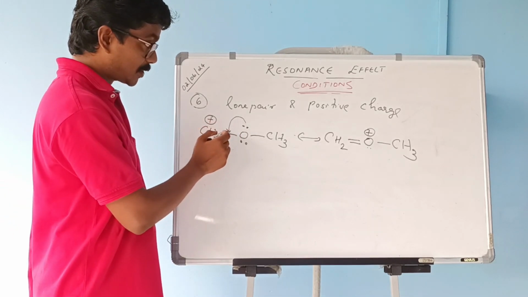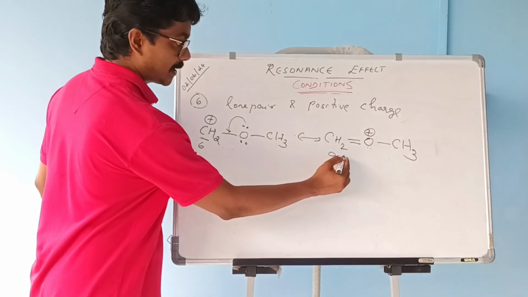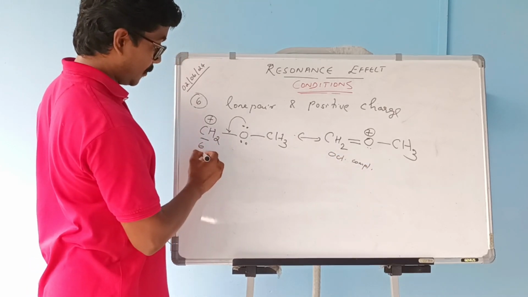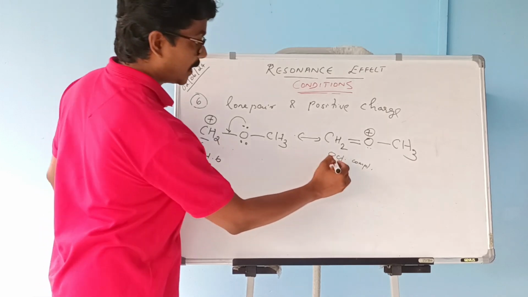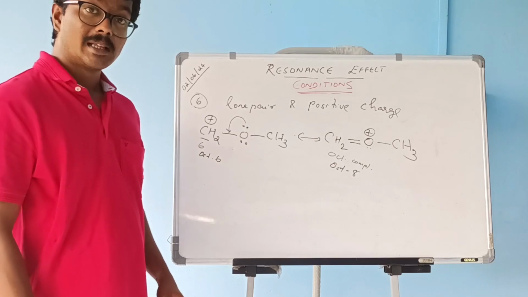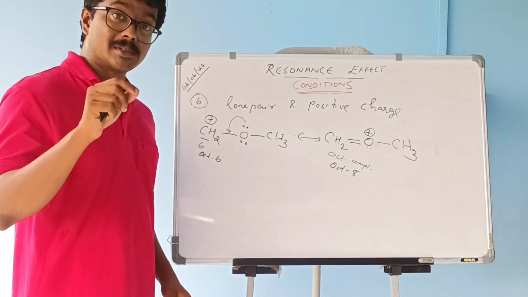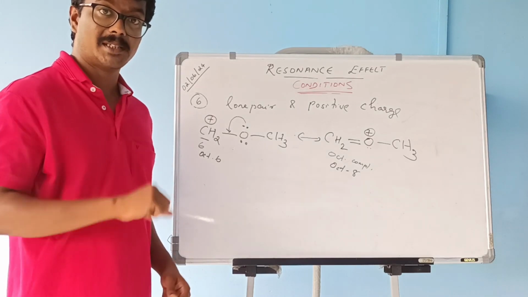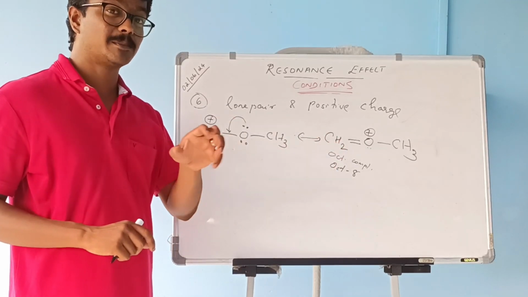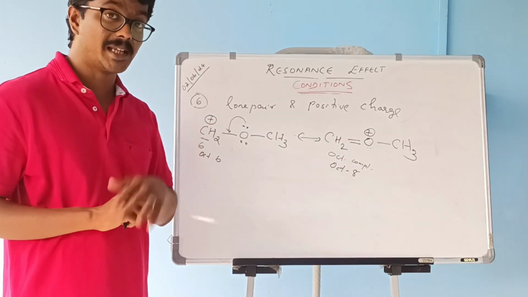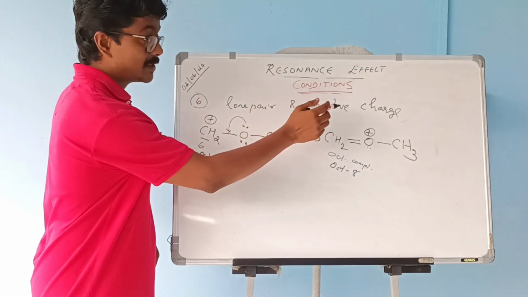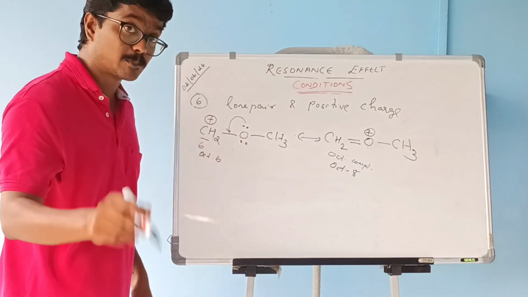When this lone pair comes here, now the octet is completed. Here the octet is only 6; here the octet is 8. What is the octet rule? The number of electrons in the valence shell must be 8. That is the octet rule. So when a lone pair and a positive charge are in alternative position, resonance is possible.